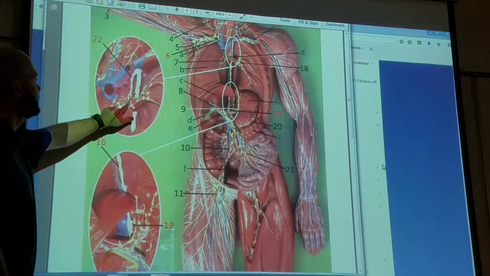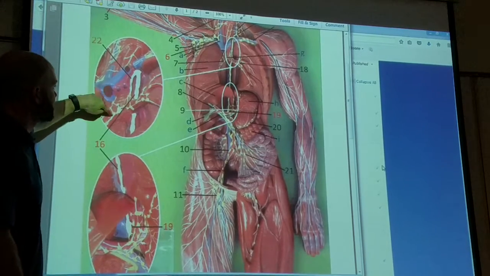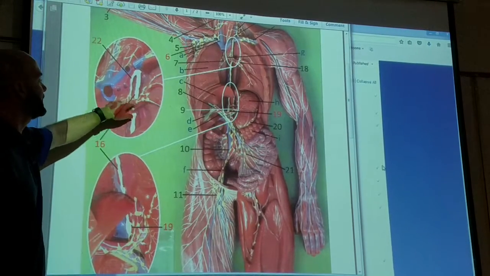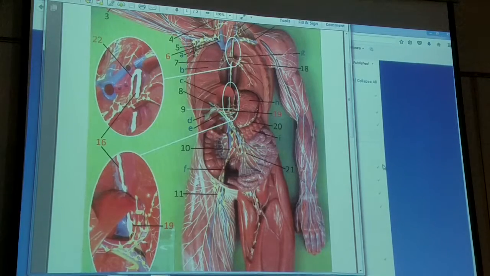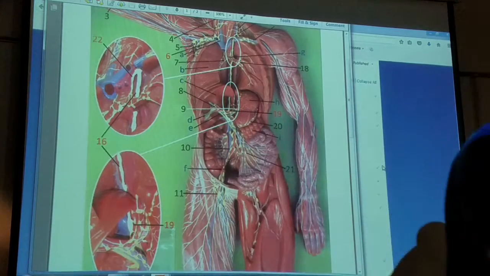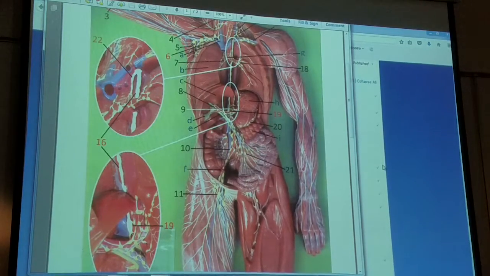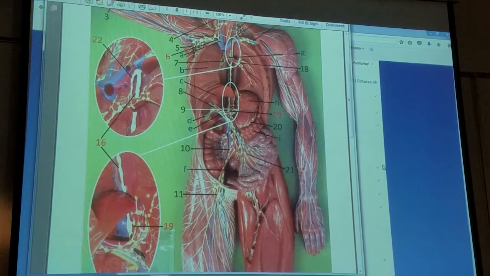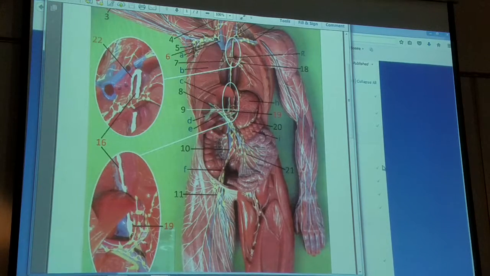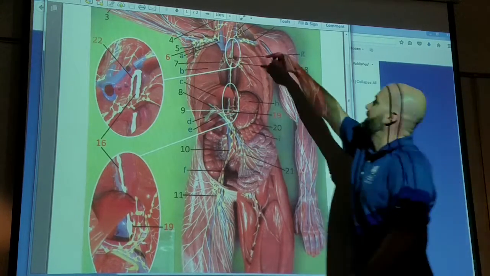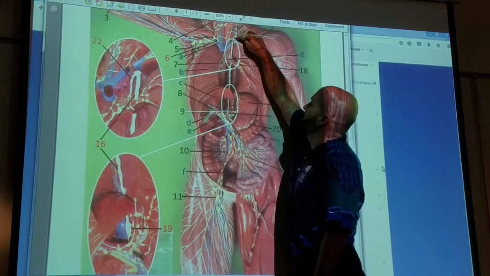Because it's coming up, and you can see it's connected to collecting vessels along the airways. So that is definitely bronchomediastinal. And that is right bronchomediastinal. Sorry, left bronchomediastinal. It's left. And we can follow it up. It's kind of like a little candy cane.